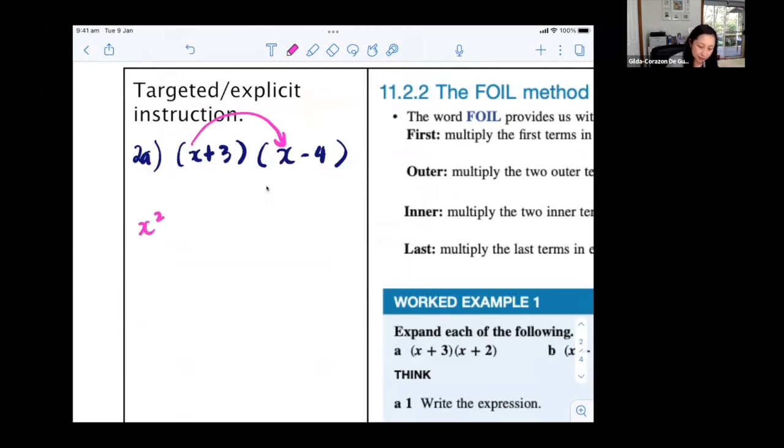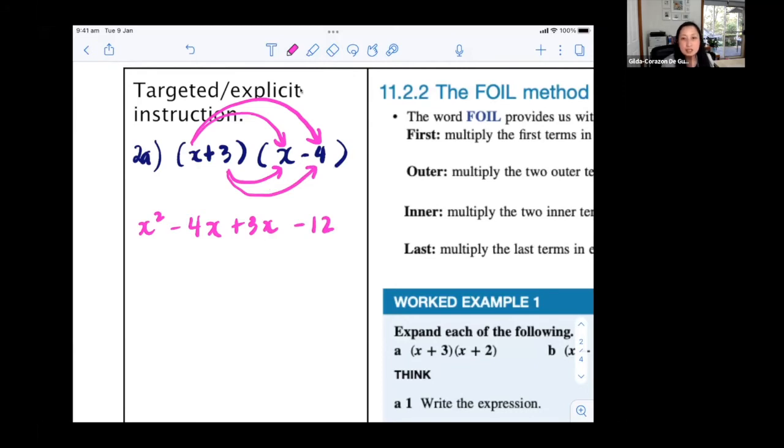The outer terms, that's this and that, because they're outermost, right? And therefore you've got x times negative 4, you get minus 4x. The inner terms, you've got 3 times x, right? That's plus 3x. And then the last terms would be 3 times negative 4, which is negative 12.